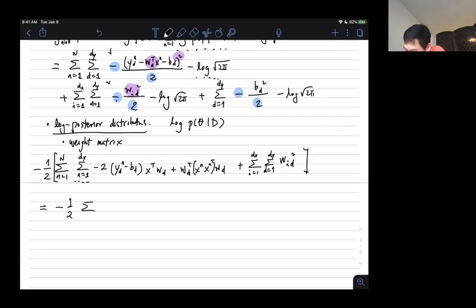So I'm going to take this sum over d equals 1 to dy to the outside. And then let's look at what happens inside: wd transpose, then the sum over n from 1 to n of xn xn transpose, and then wd, which comes from here. So this one came here together with the summation over the weight. And then the next one is going to be minus 2. Now where is the n here? N is all there, right?